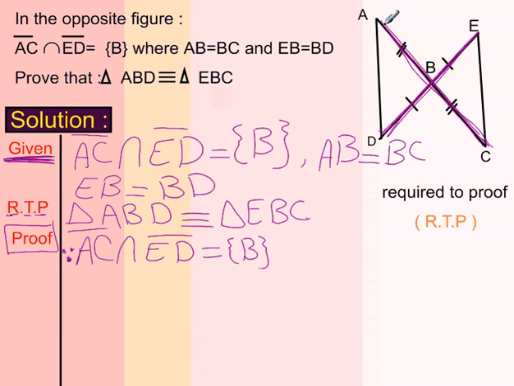We studied before in the first term, if two line segments intersect together, you will get two pairs of vertically opposite angles. And each two vertically opposite angles are equal in measure. What are the two vertically opposite angles in this question?